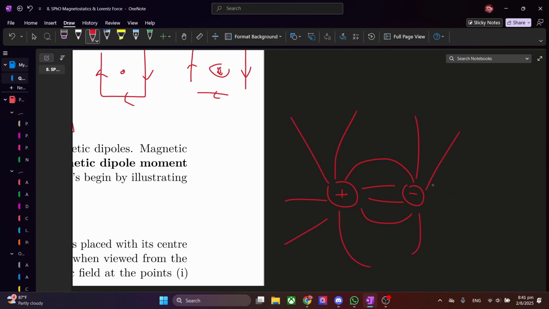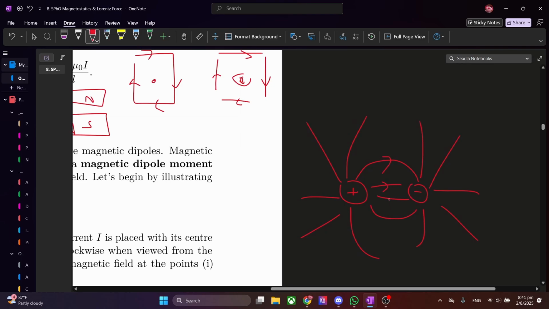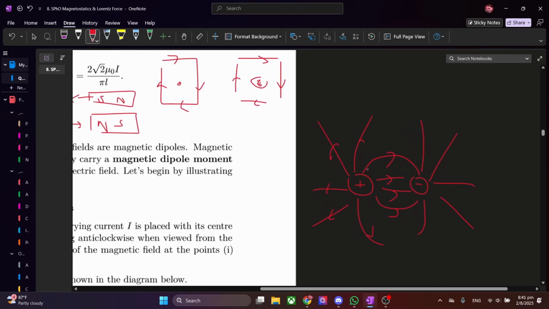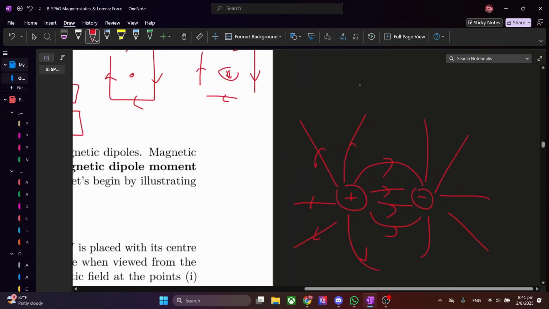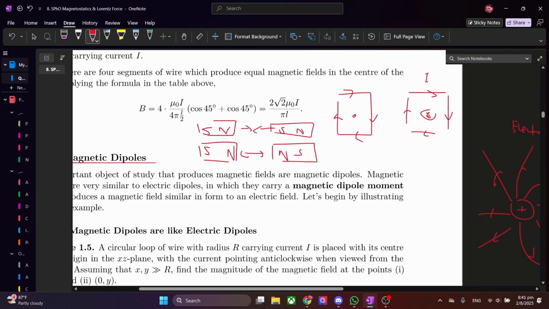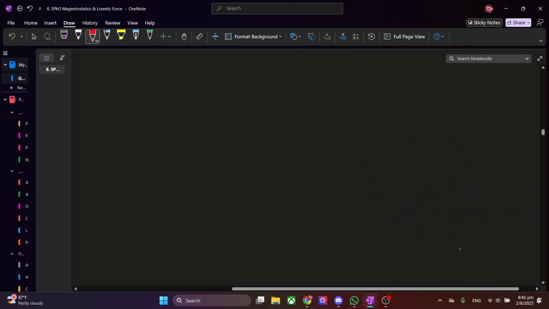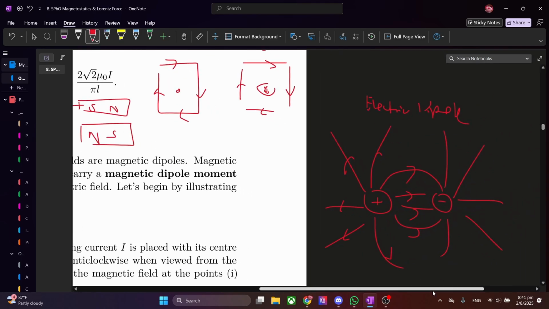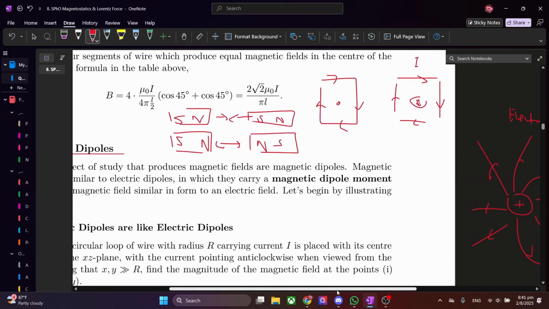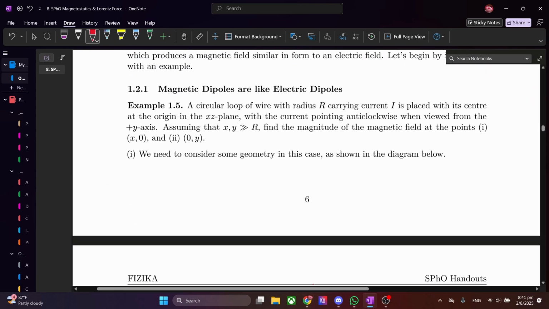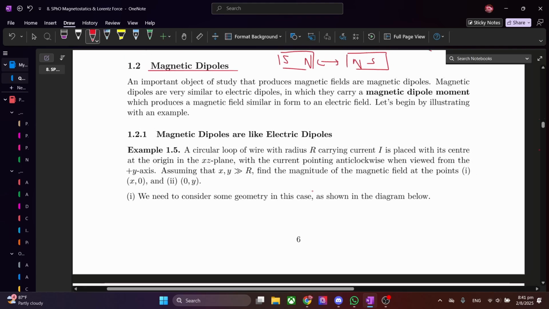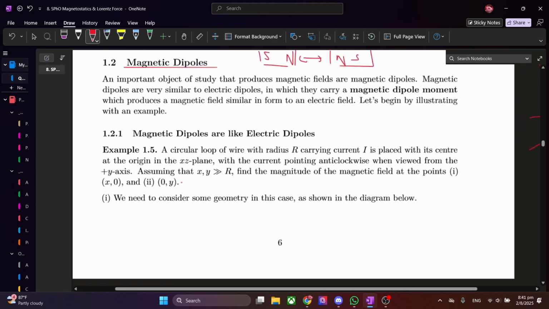Something like this. I'm not drawing it very well, but it will look something like that. This is your electric dipole. A magnetic dipole is similar to an electric dipole, in which it has a similar field configuration around it, something like this.